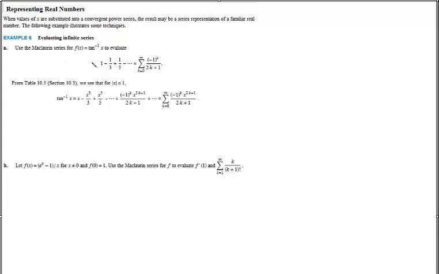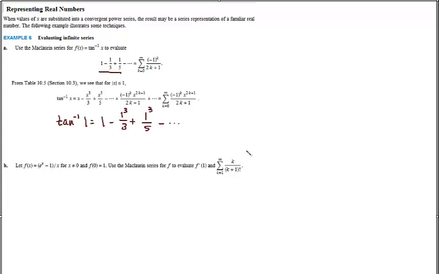In example 6, we're to use the Maclaurin series for inverse tangent to evaluate this particular series. So we get the Maclaurin series for inverse tangent, and we see that when x is 1, when we substitute in here, we get what's sitting there.